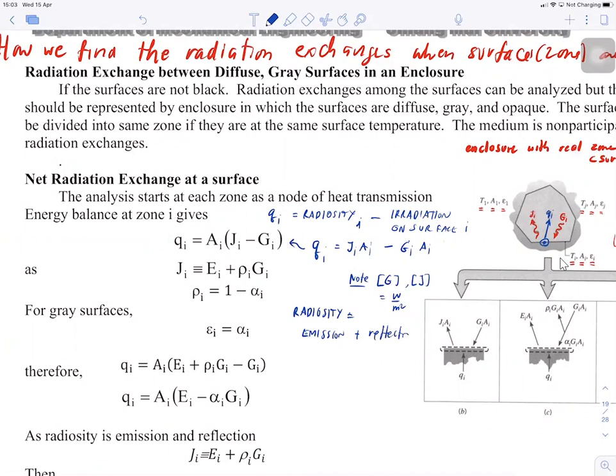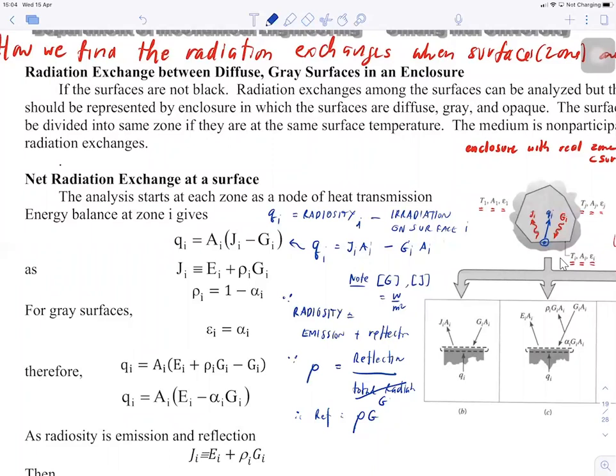And you know that the rho is going to be equal to the deflection over total radiation. So deflection is going to be equal to rho. Total radiation would be GI, so it's going to be equal to G.